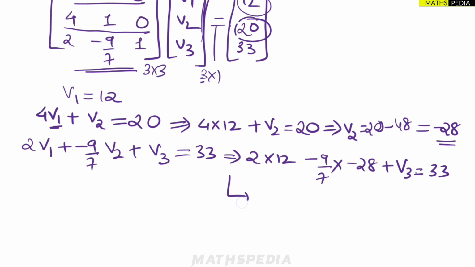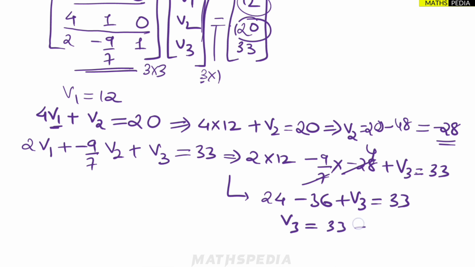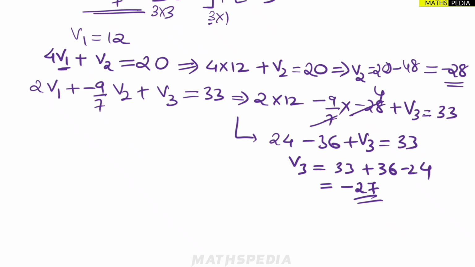So from this, 12 twos are 24, this and this cancel, 4 nines are 36, so minus 36 plus V3 is equal to 33. So V3 value is equal to 33 plus 36 minus 24.